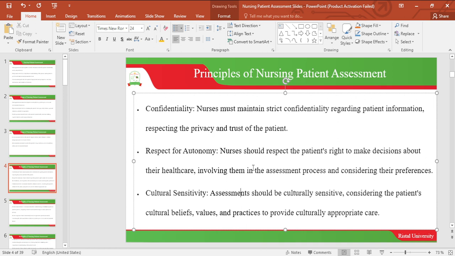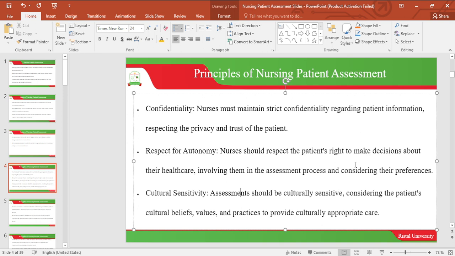So it is important that the nurse does not dictate to the patient. The patient should be allowed to make decisions concerning his care. We have to involve him in the assessment process, and also consider what the patient prefers. We should not impose conditions on our patients.